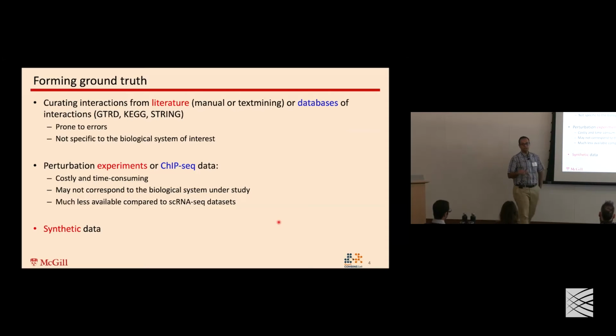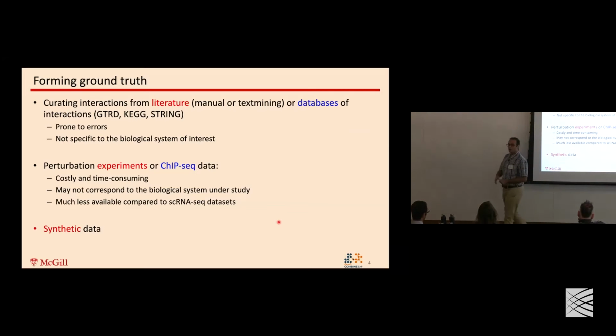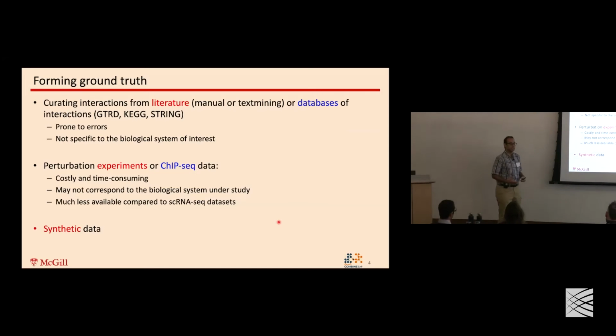So what is the ideal scenario? The ideal scenario would be to use, for example, perturbation experiments or TF ChIP-seq data for that particular data set or that particular biological system that you want to study. Now, these technologies have improved quite a lot, but still they're costly, they're time-consuming.